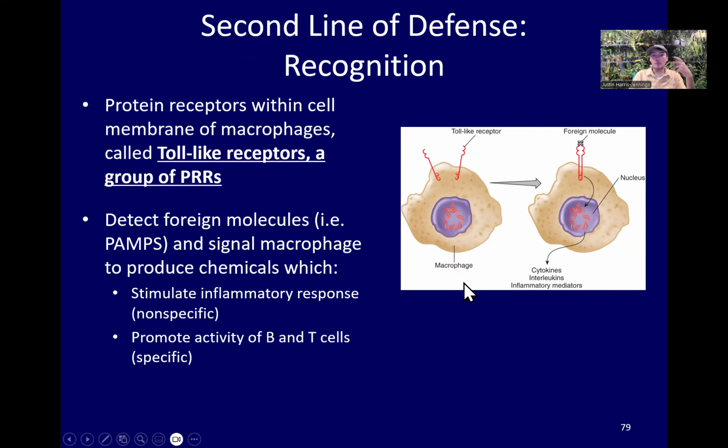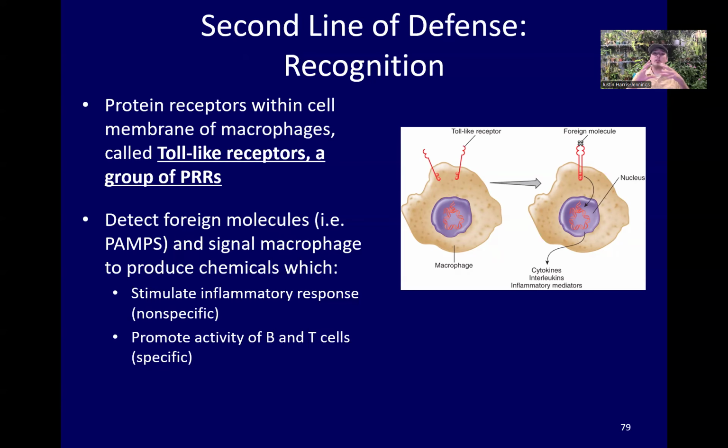And so you have inflammation, and you have these methods of recognition like the toll-like receptors, a family of protein receptors which are cell surface receptors embedded into the plasma membrane of these cells. They have a little binding pocket that can recognize specific kinds of foreign material.